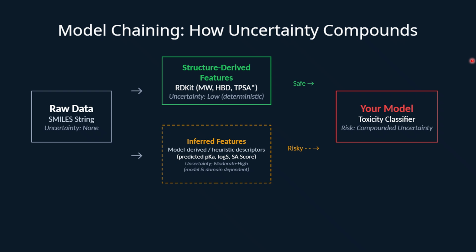It propagates and can compound, limiting the reliability of the final prediction. Toxicity is shown here as just one example. In practice, the same uncertainty chaining behavior applies across other decision criteria such as efficacy, PK, developability, whatever the things we discussed in previous lectures.